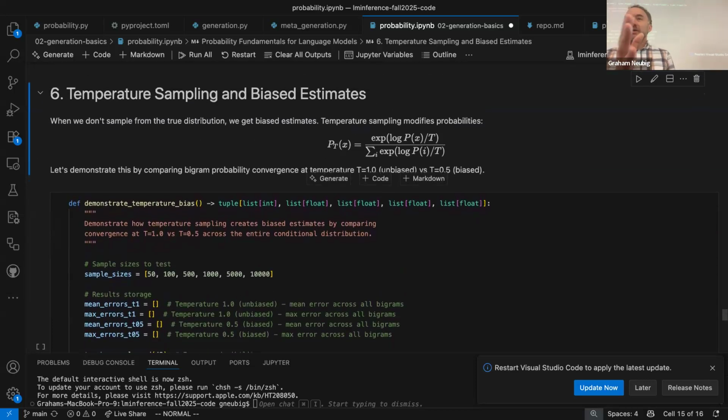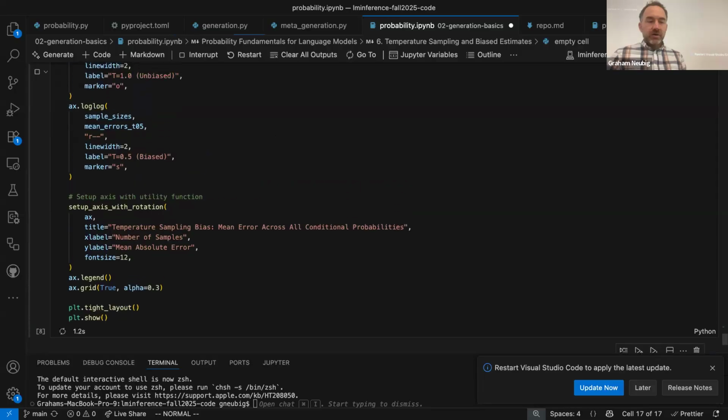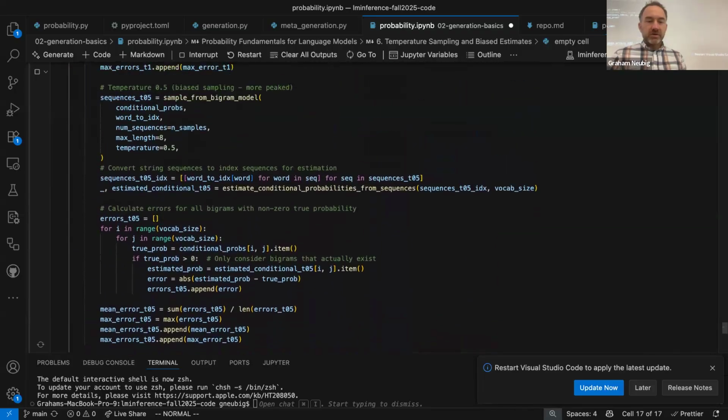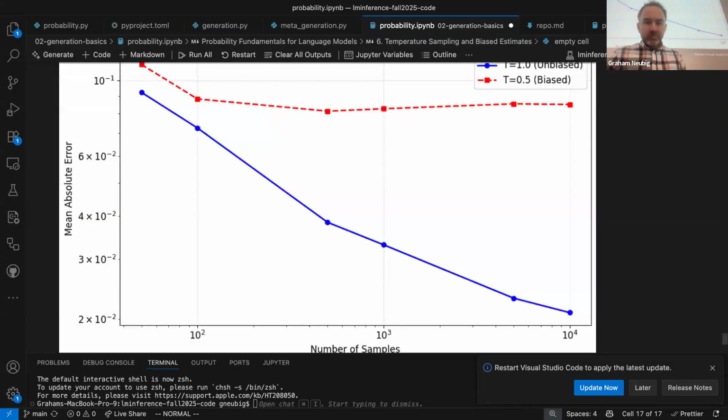Just in the interest of finishing everything, let me go back to the point about temperature and biased estimates. This is what temperature sampling looks like. Let's run the same experiment that I ran before with temperature sampling.